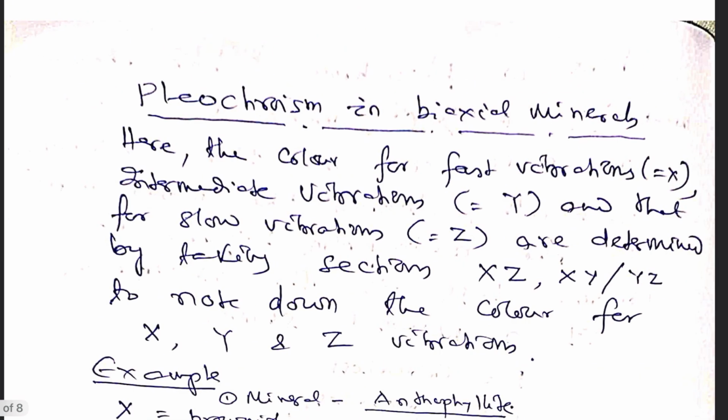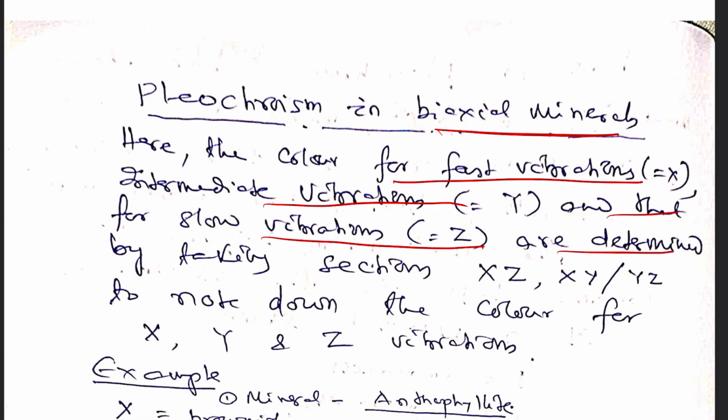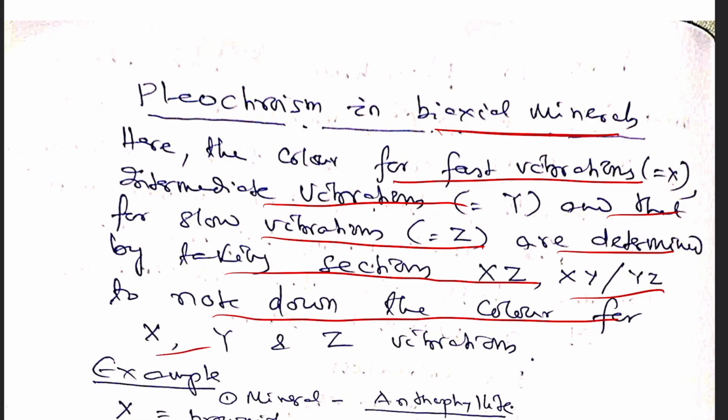Let us come to pleochroism of biaxial minerals. Here the color for the fast vibrations X, intermediate vibrations Y, and that for slow vibrations Z are determined by taking sections XZ, XY or YZ to note down the color for the X, Y and Z vibration directions.